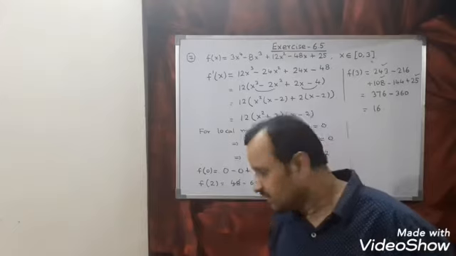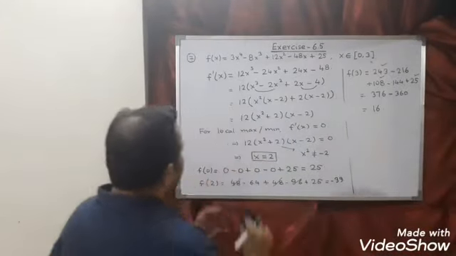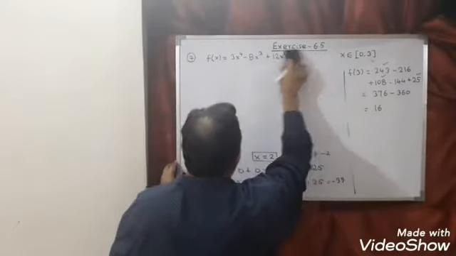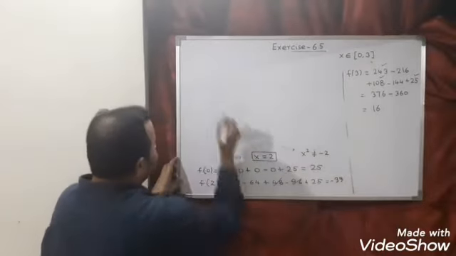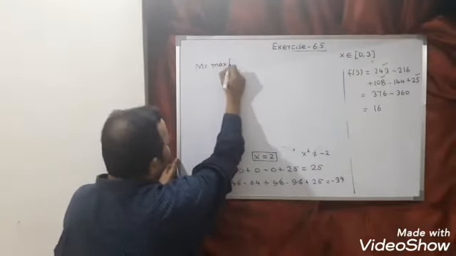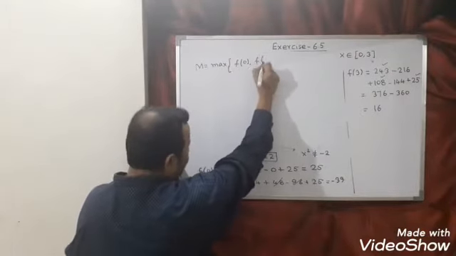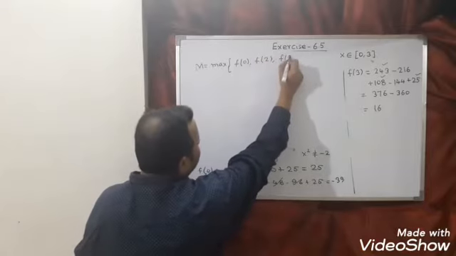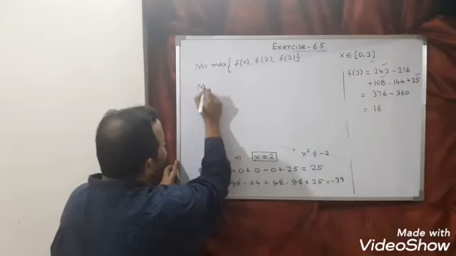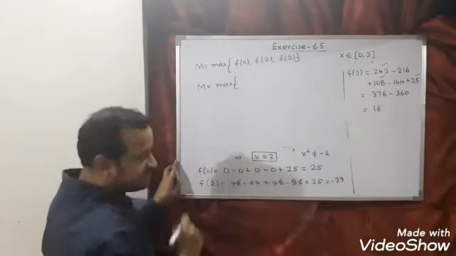The next step is what? Absolute maximum and absolute minimum. So let us see. Here I can say capital M is equal to maximum of f of 0, f of 2, f of 3. Or this I can say M is equal to maximum of, what is f of 0?